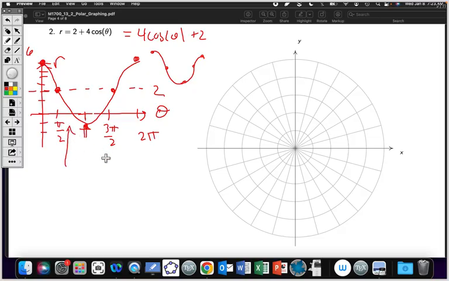Now, as we saw with that motivational example, when r goes from positive to negative, that means the graph is going to go through the origin and sort of be graphing in the opposite quadrant there. So it's important to know where this happens. So let's set r equal to 0.